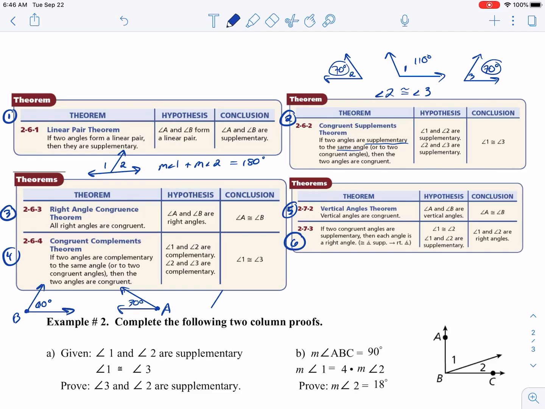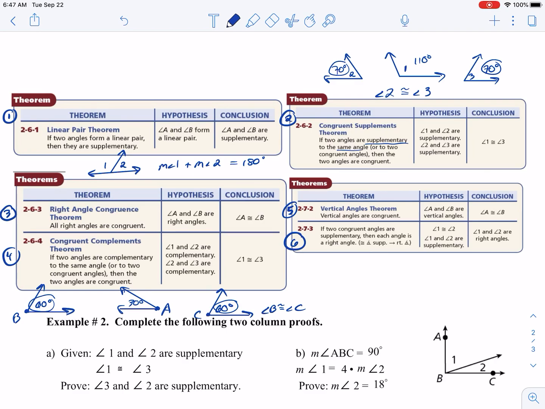Well, if there's another angle that's complementary to A, like C, it would also have to be 60 degrees because 60 plus 30 gets us 90. So then what would be true about those two angles that are complement to the same angle? They would definitely be congruent, so we would say angle B is congruent to angle C. Congruent complements theorem.